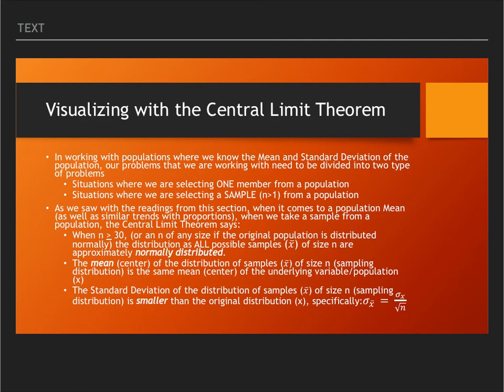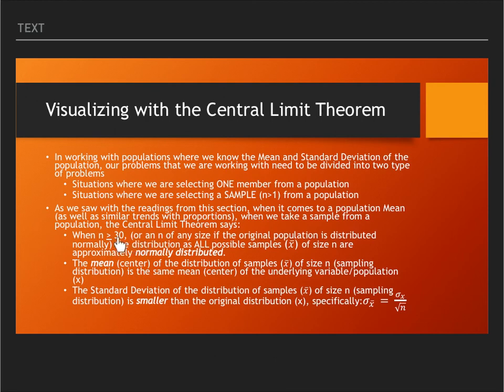So there's two requirements. Either A, we need to know that the population from whence our sample is coming has a normal distribution. Or two, it doesn't really matter how our original data was distributed if we have an n that's greater than or equal to 30.